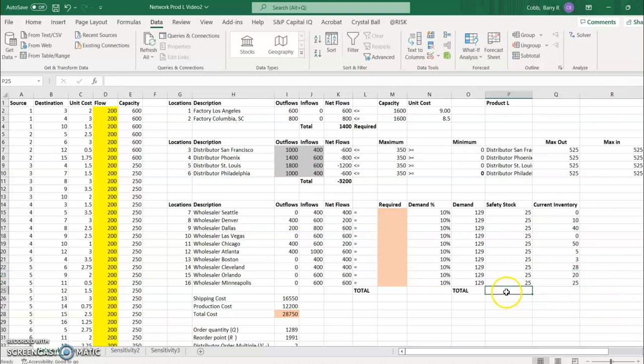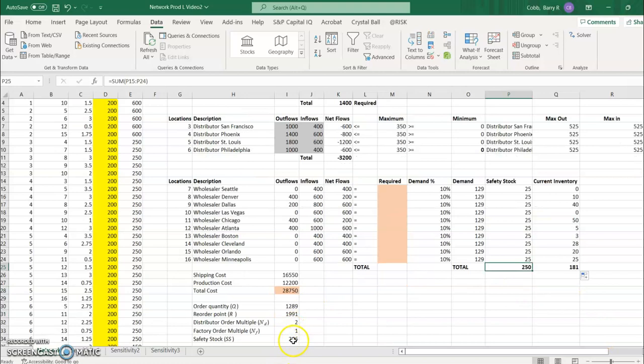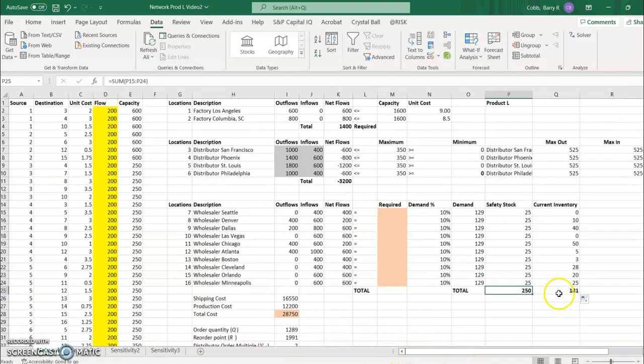And so if we add up the safety stock and the current inventory, we'll see what adjustment is required to the safety stock. So we want to hold safety stock of 250, and realize this is just slightly different than 246 due to rounding. But there's inventory of 181, and so we need to ship the difference to bring the safety stock up to the level that we want.